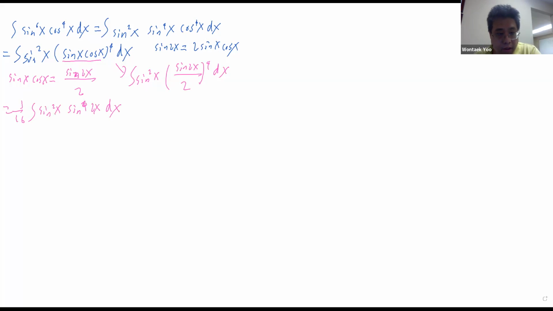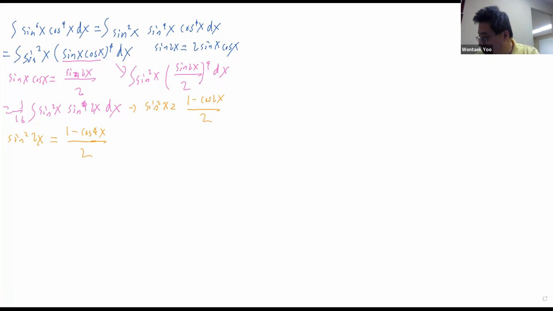And we have to now use the power reduction formula to deal with these square terms. The power reduction formula says sine squared of 2x is equal to, not 1 plus, 1 minus cosine of 2x over 2. Now, by similar reasoning, sine squared of 2x should be equal to 1 minus cosine of 4x over 2.